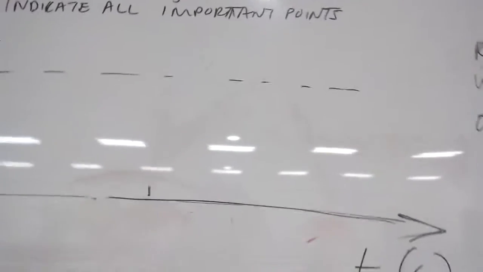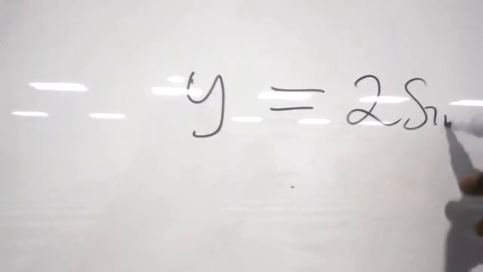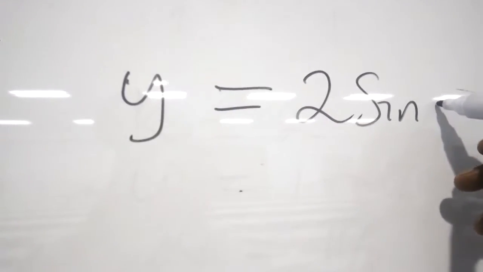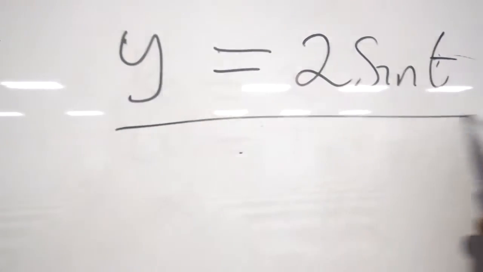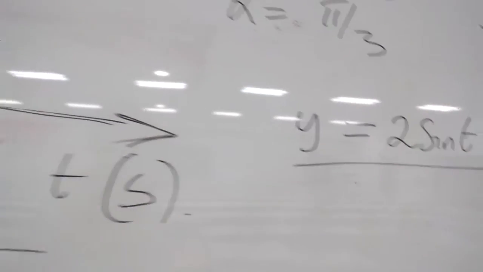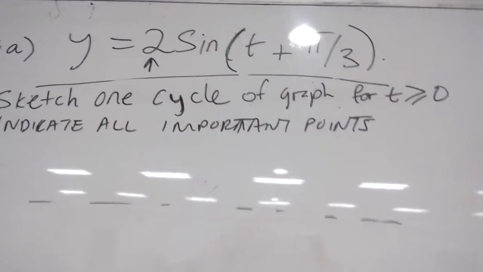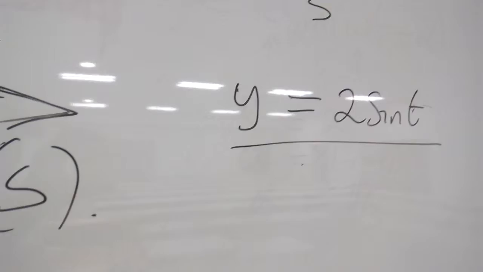Now the first thing that you do is to draw this graph, y is equal to 2 sine t. Before we take the phase angle, we draw this one.